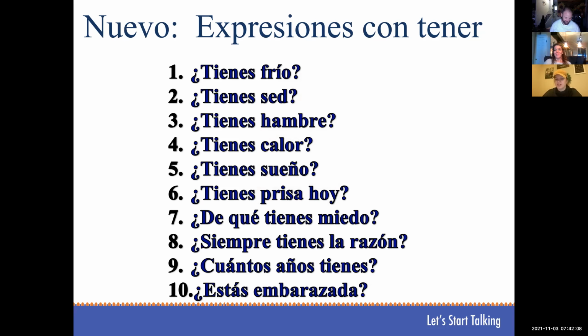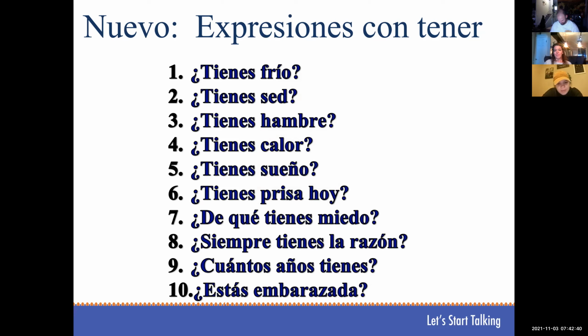I want to forget that. Siempre tienes la razón. No, no tengo siempre la razón. No tengo la razón siempre. Oh yeah, I don't have to be right all the time. Okay. ¿Cuántos años tienes? Tengo 24 años.